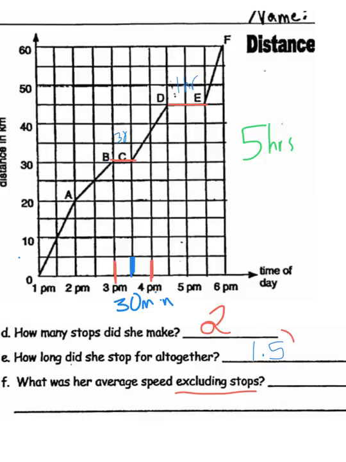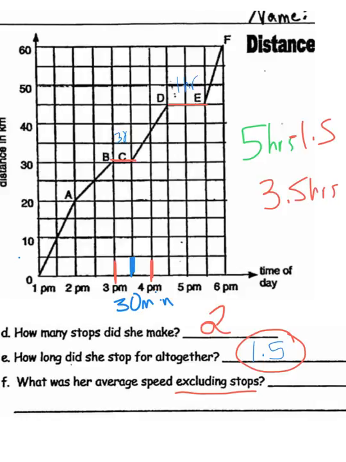And since we know that she was staying stationary for an hour and a half, we need to exclude it. In other words, we have to get rid of it. So 5 hours minus the amount of time that she was standing still, you're going to do 5 minus 1.5. So you should have gotten 3.5 hours as the time. So the amount of time she was actually moving was 3.5 hours.